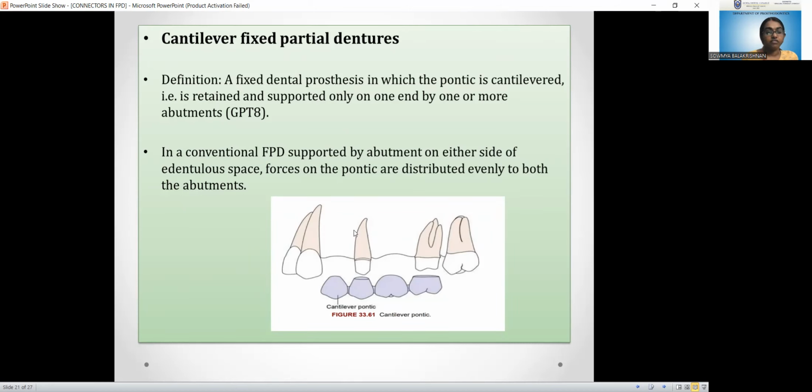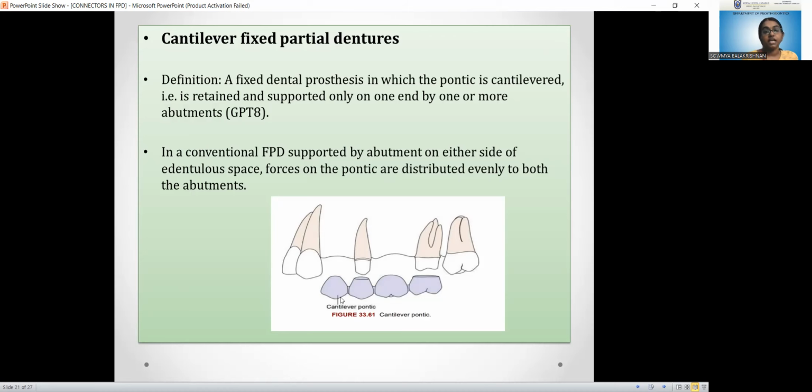In a normal FPD, the pontic is supported on both sides by the retainers, but in the cantilever FPD, it is retained and supported only on one end by one or more abutments. So in this case, this is a cantilever pontic.